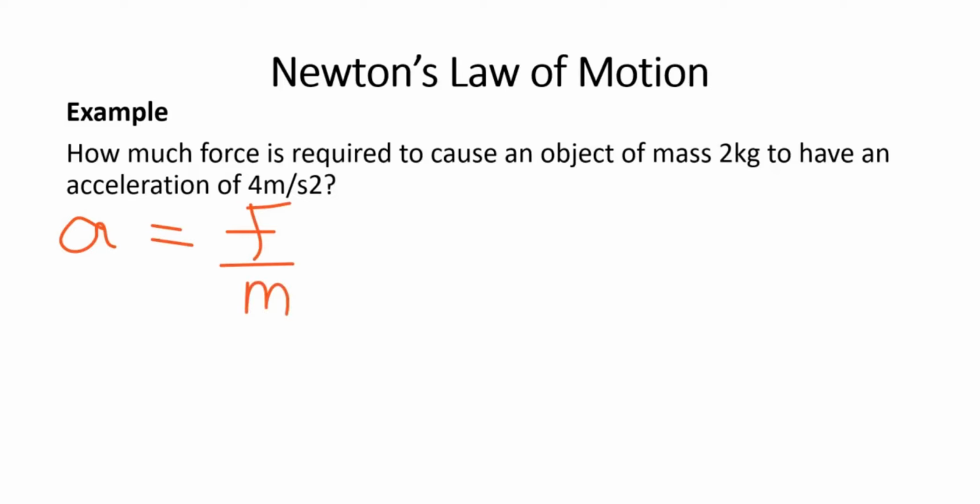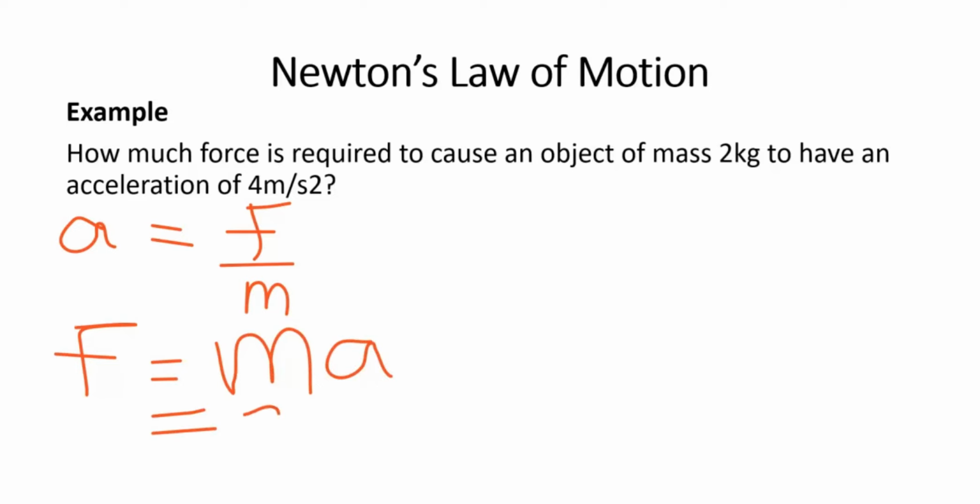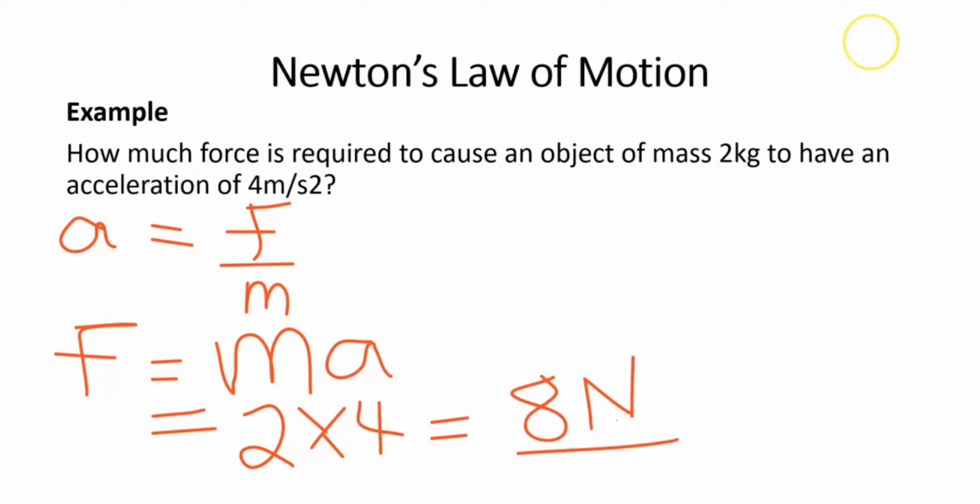So now we're looking for the force. So force is equal to mass times acceleration, which is the mass here is 2 times acceleration is 4. So that is the force applied for that question.